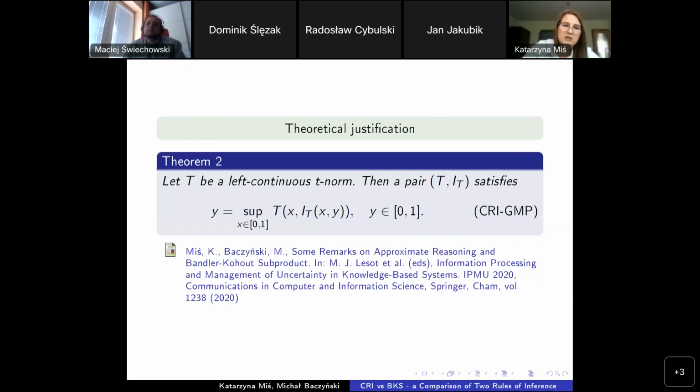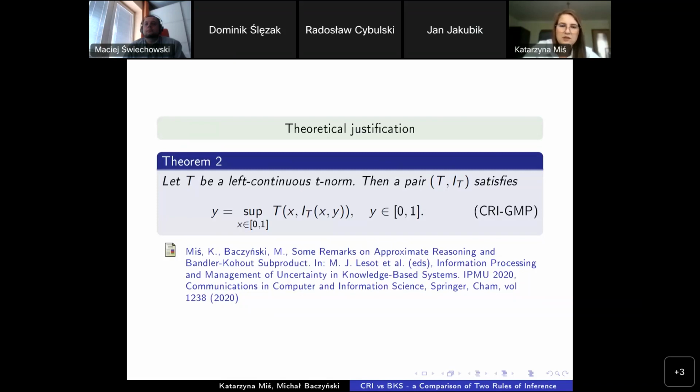Like I mentioned in the beginning about R-implications, a pair of an R-implication and a T-norm, if this T-norm is left continuous, will satisfy such an equation. And this equation is a kind of generalization of the generalized modus ponens with some interpolativity property.